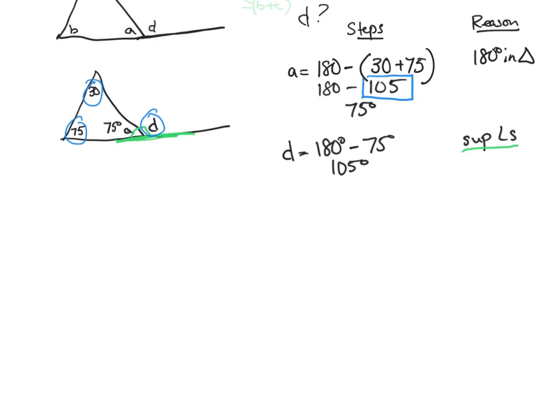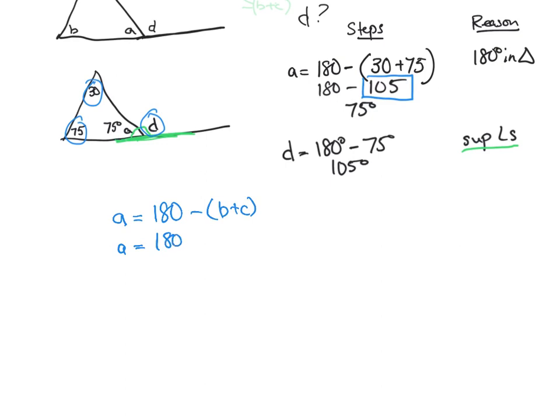If we think about A inside the triangle, and we're looking for A, we have A equals 180 minus (B plus C). But we can also think about A in terms of the supplementary line.